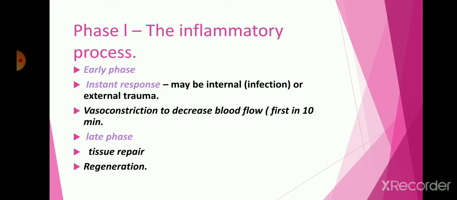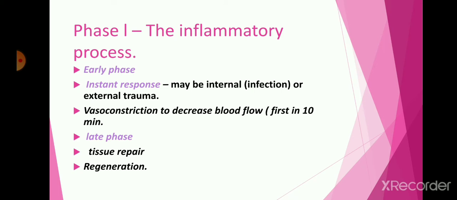Whenever we get injured, blood flows continuously, so vasoconstriction decreases the blood flow at the injured site so that the loss of blood is less. Basically it occurs first, within 10 minutes.